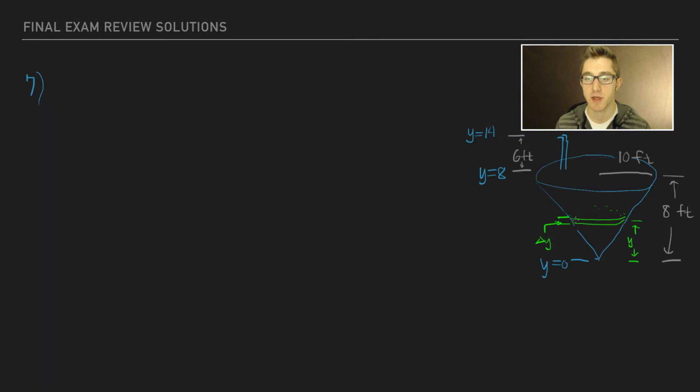And what we're going to do is compute the work done picking up this slice of water and moving it out to the top of the pipe, and then we'll sum over all slices of water, taking a limit as delta y goes to 0, which turns the sum into an integral.